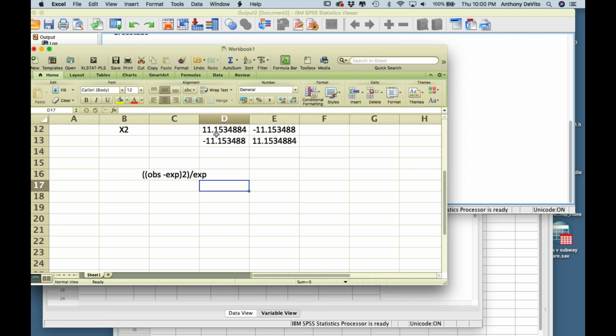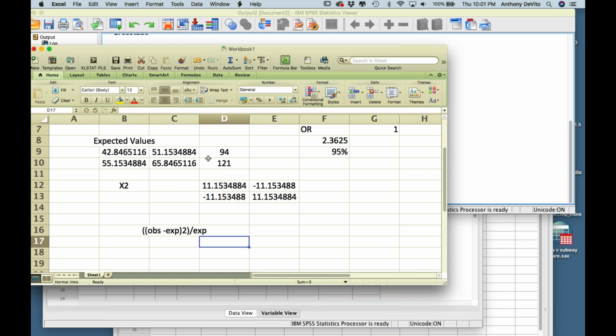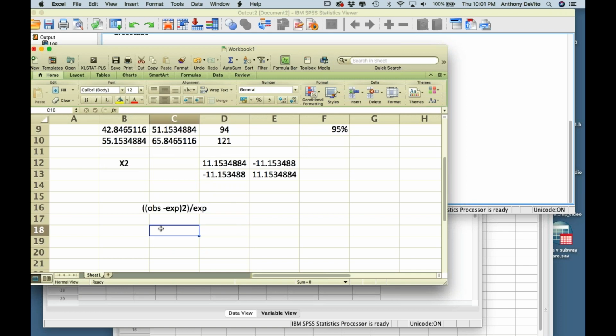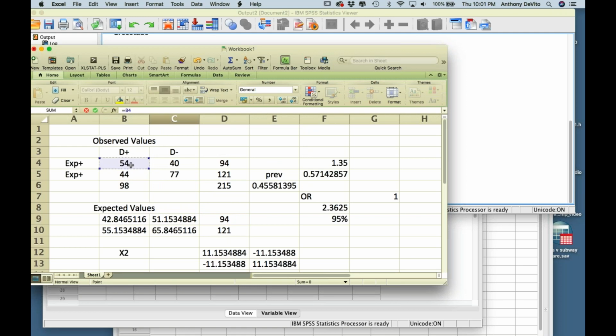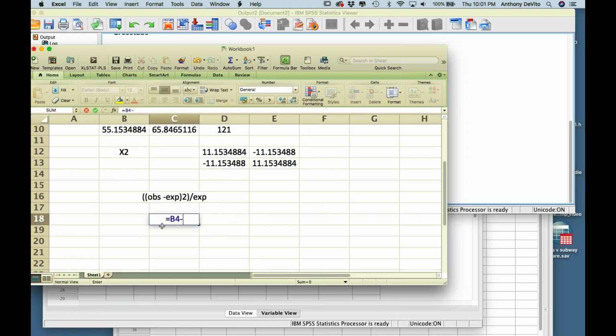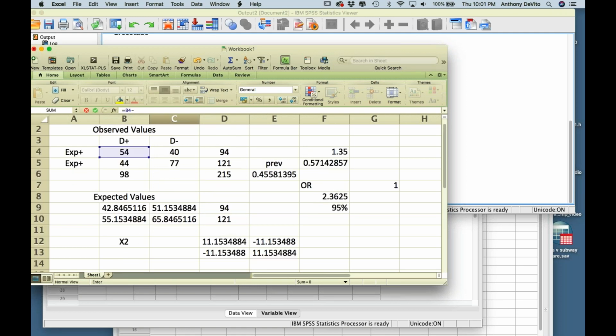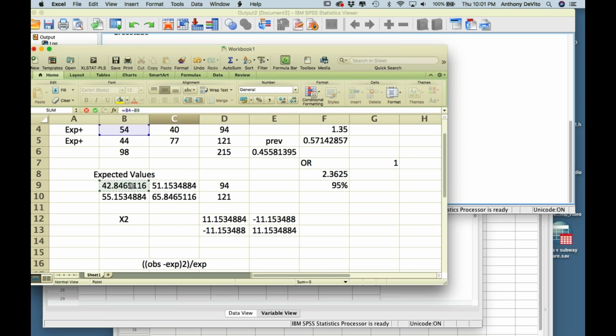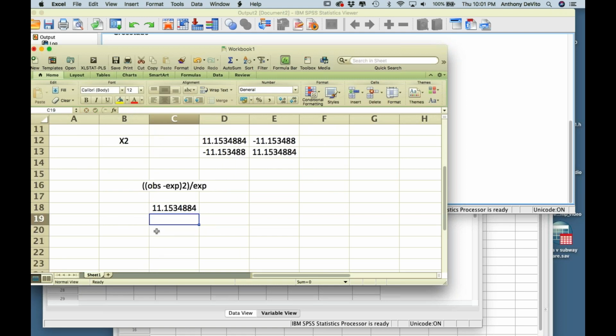The further this chi-square value is from 0, the more likely that there is an association, that there is a real difference between the observed values and the expected values. So I'm going to go through here and calculate this. It's going to be equal to observed value minus expected value, and then we're going to want to square that.